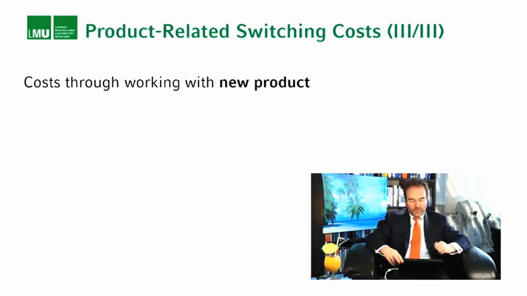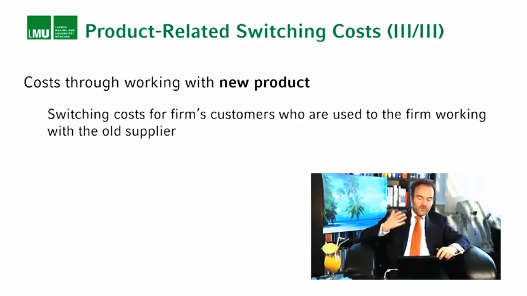Other costs of working with a new product: switching costs can also be incurred by the firm's customers who are used to the firm working with the old suppliers, right? So think of someone buying a car, and if he buys a car, he will expect that there are certain elements, say the type of seats, the type of airbag, the type of tires, and so on. And a consumer might feel he doesn't like that there are new types of supplies, new types of modules in this new car.